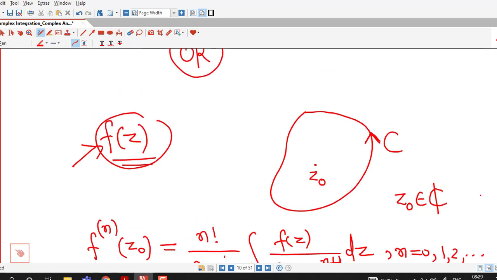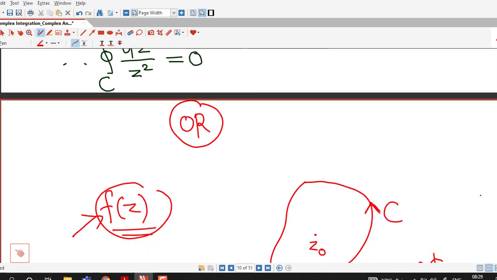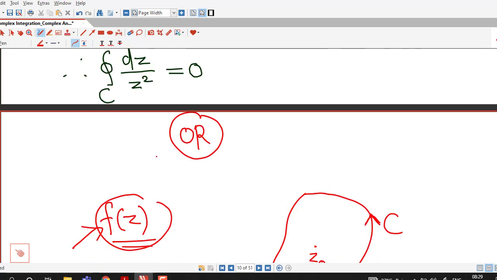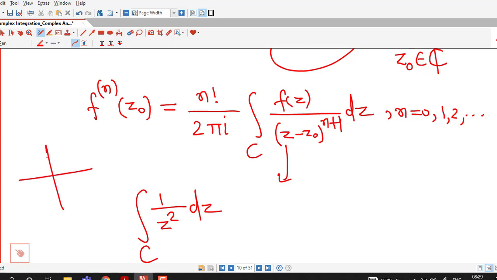So if we want to use this extended version of Cauchy integral formula for this example, then we can compare our integral with this integral. If we compare this 1 by z square with this integral, then first we notice that our contour is the unit circle with center 0 and radius 1. So it is a simple closed contour.